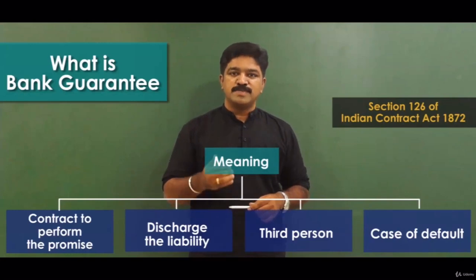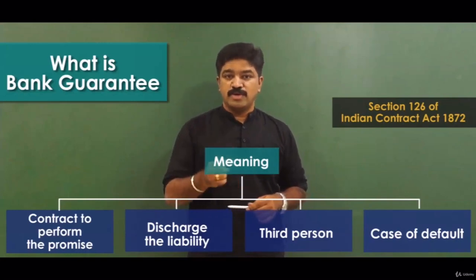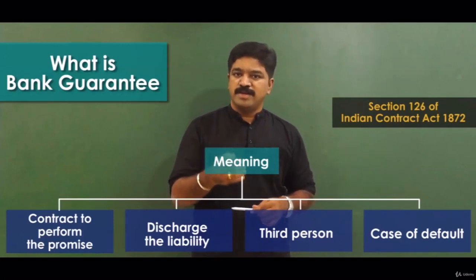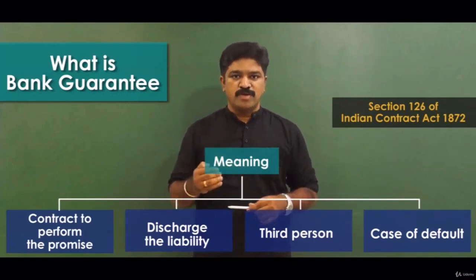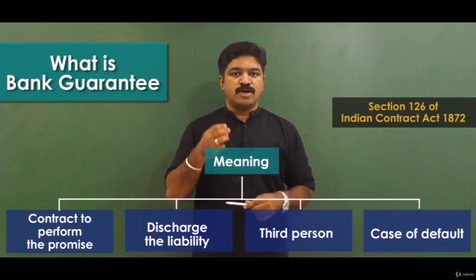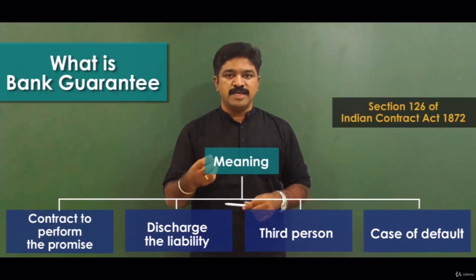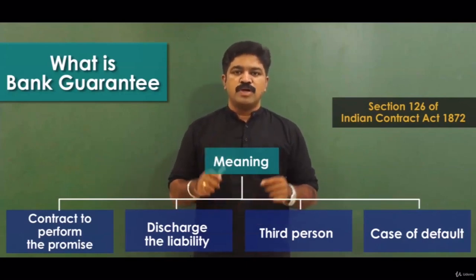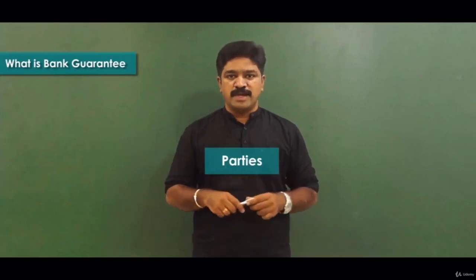So, guarantee is basically a contract where you are going to perform the promise because you have made a promise that if the third party is not going to perform, then you would perform. Okay, so it's basically a contract to perform and discharge the liability of a third person in case of a default.